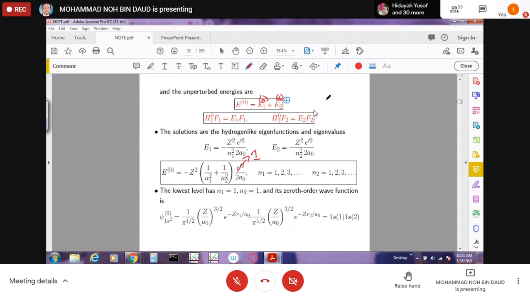This E prime we define as e squared over 4π times the vacuum permittivity. This is how we define E prime.